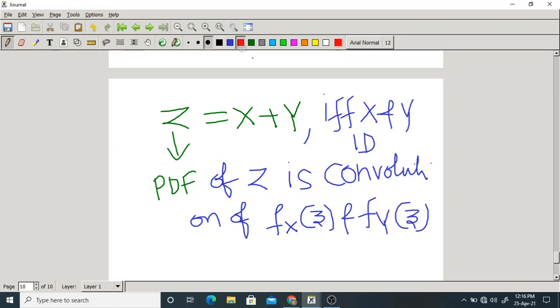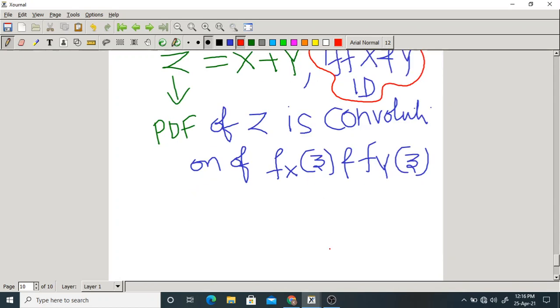I am stressing here: this is true if and only if they are independent. If they are independent, things become very easy. It is just the convolution of the given two PDFs. One more thing, it is not fx of x or fy of y. They are fx of z and fy of z. Is it okay?